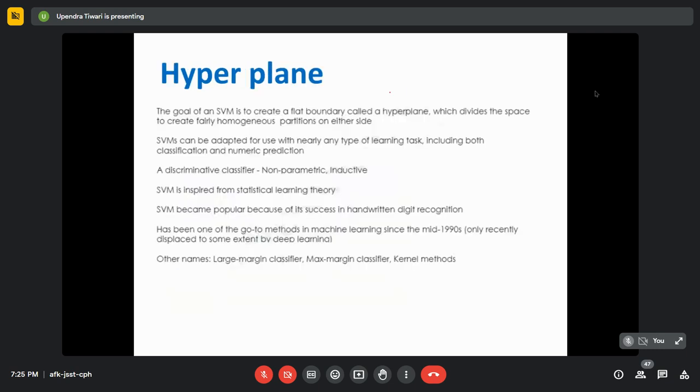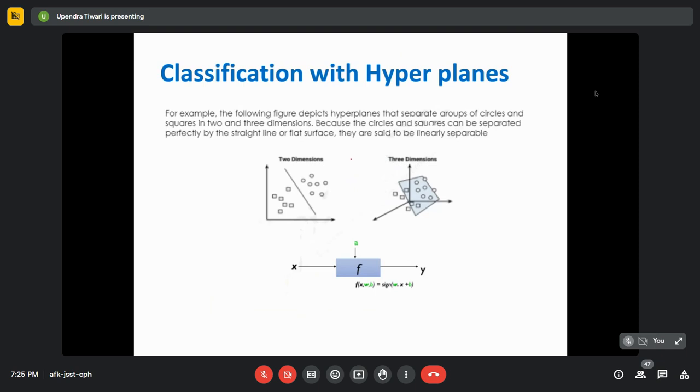So what is this support vector machine? Just consider this one. Say we have 2 classes, 2 categories of the output. One is the circle, another is the square. What will be our agenda?